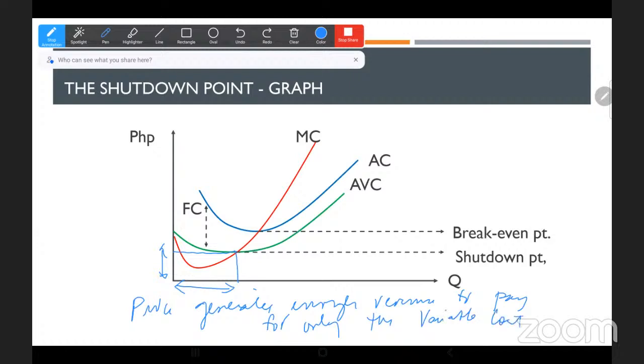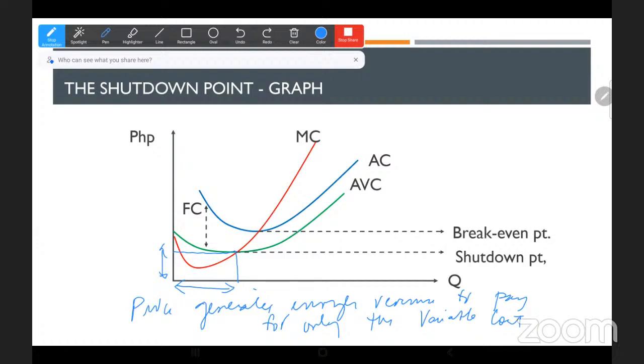It can't pay for any portion of the fixed cost. The price is low enough that it can only pay for the variable cost. It can't pay for any portion of the fixed cost.